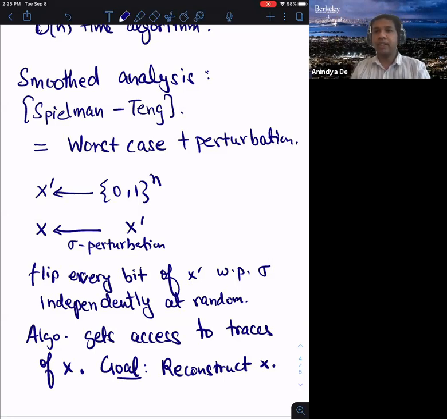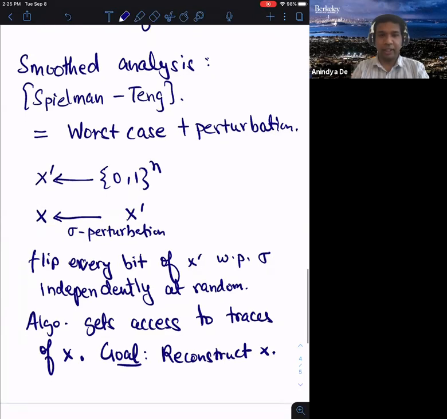Is the model clear? Everything is exactly as before, and now you're getting traces from X and you have to reconstruct X.